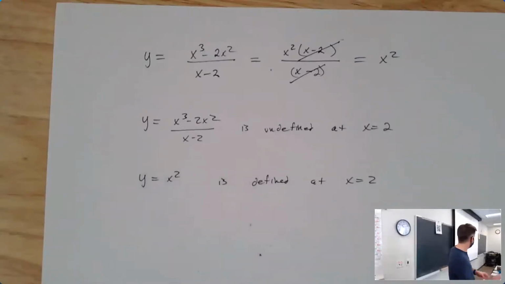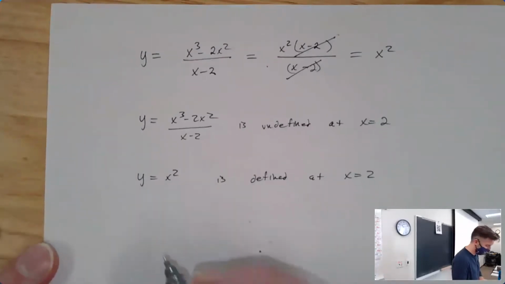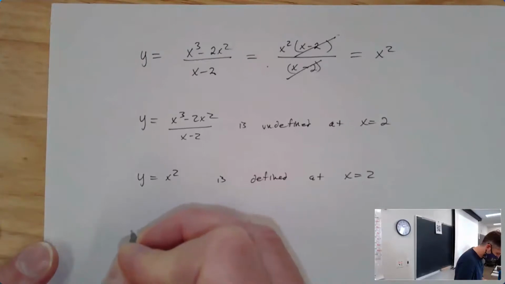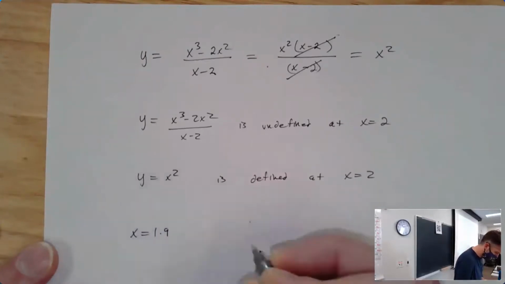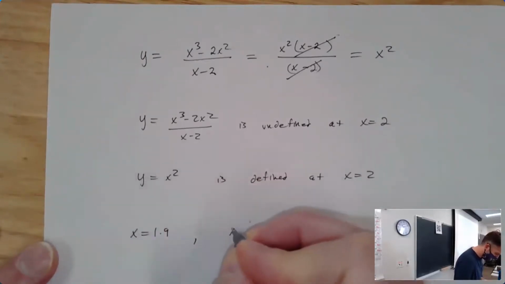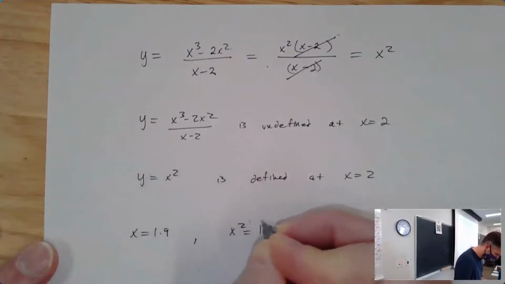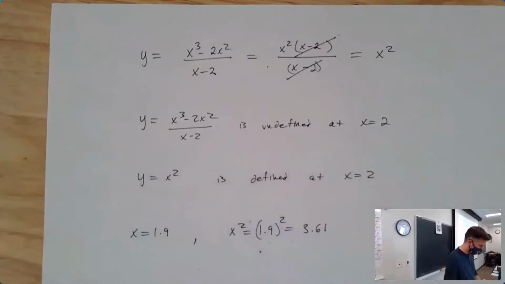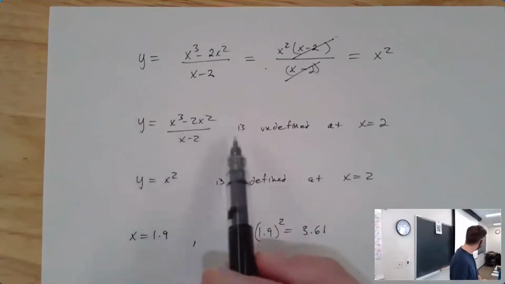For example, and this is where things are going to get a little bit gross, let's pick a number close to 2. Let's pick a number like 1.9, because I have to find the square of it. So if x is 1.9, well, x squared is going to be 1.9 squared, which I will tell you is 3.61. What if we plug in 1.9 here?